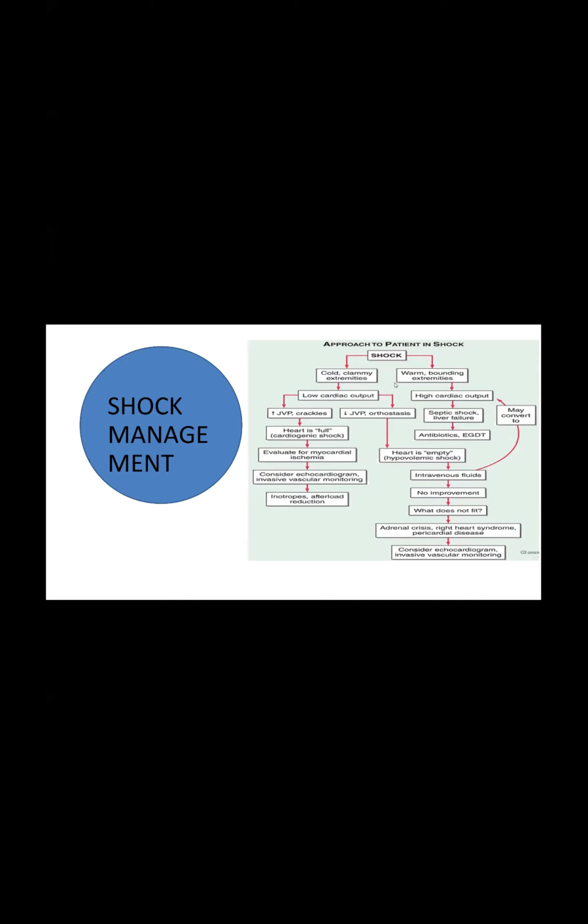For cold clammy extremity, we assess whether it is hypovolemic or cardiogenic and manage with IV fluid, echocardiography, or inotrope support. For warm bounding, septic or neurogenic, give intravenous fluid. If there is no improvement, consider adrenal crisis and invasive vascular monitoring. Remember this way shortly.